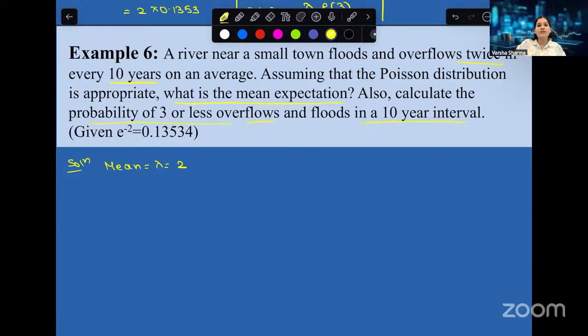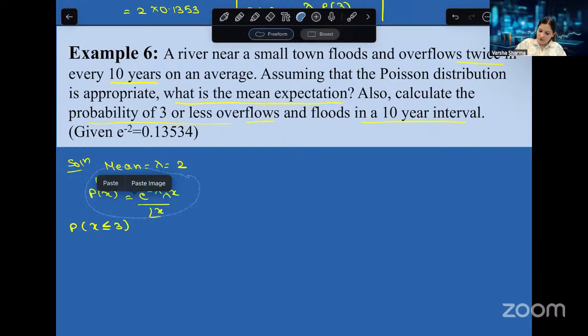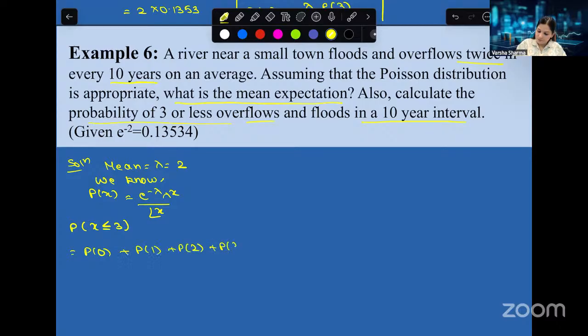So, for 10 years, we know that lambda is 2. We have to calculate what? 3 or less, x less than or equal to 3, using this formula. This is 0, 1, 2, 3. e power minus lambda, common.